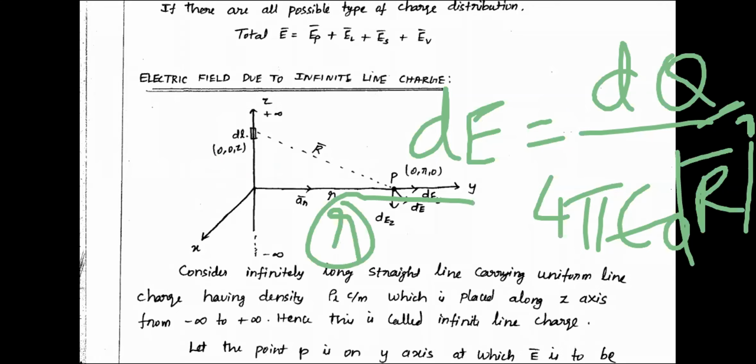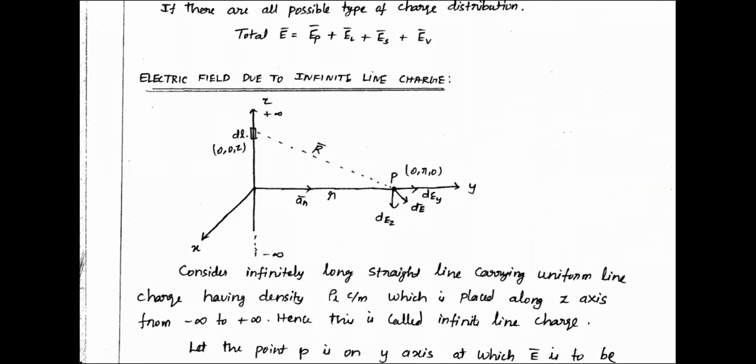Now this is r. So again x value is 0, y value is r, because you are on the y-axis. Again z value is 0. As you are on the y-axis, definitely you will have y value only. So 0, r, 0. Now, can somebody tell me what is the positional vector?